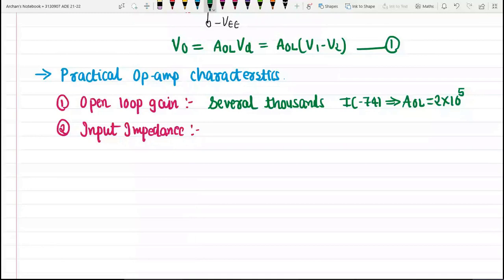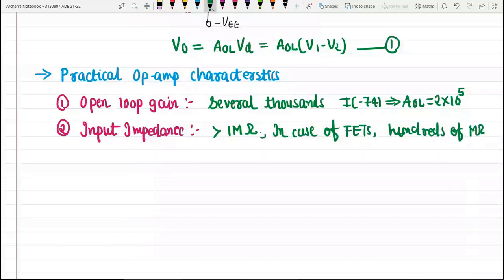But as we have discussed, if we use field effect transistors for the input stage, then we can further increase this value of input impedance. In the case of field effect transistors, the value is hundreds of mega ohms. So we have some finite value of input impedance.